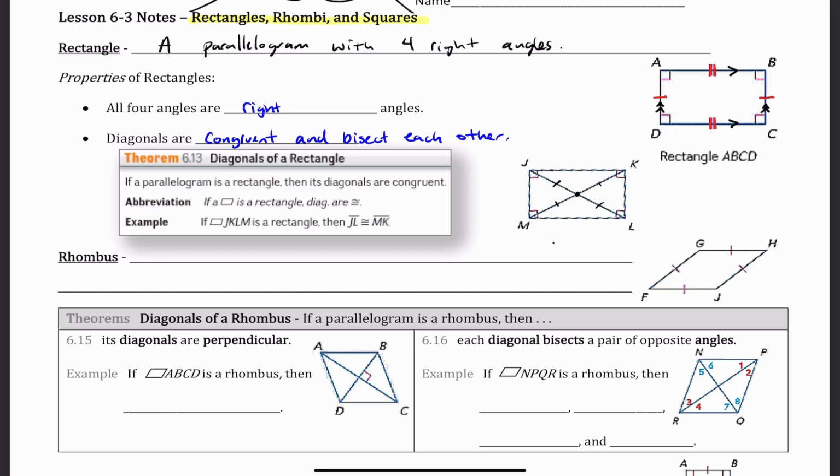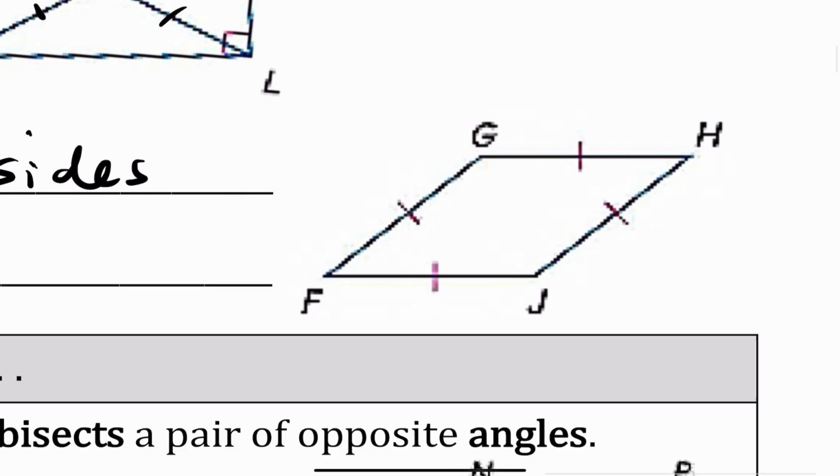A rhombus is a special parallelogram with four congruent sides. So here's a picture of a rhombus. It's a parallelogram, meaning it has all those properties. The opposite sides are parallel.